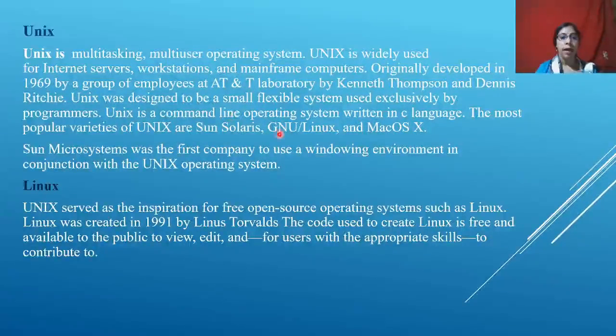Unix is a command line operating system which is written in the C language. There are various versions of Unix like Sun Solaris, Linux, and Mac operating system. Sun Microsystems was the first company to use a windowing environment in conjunction with the Unix operating system.